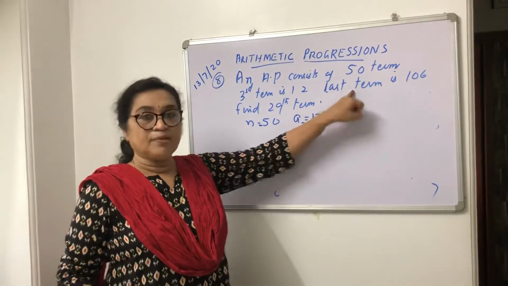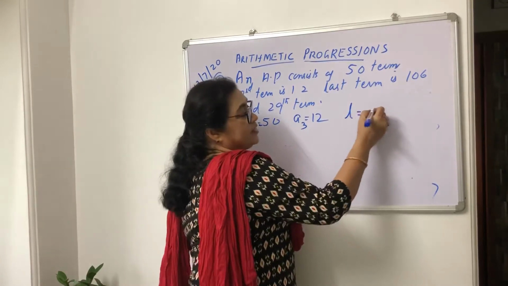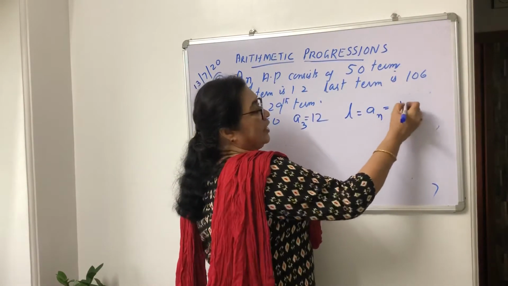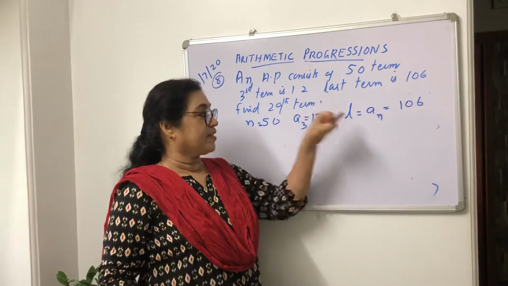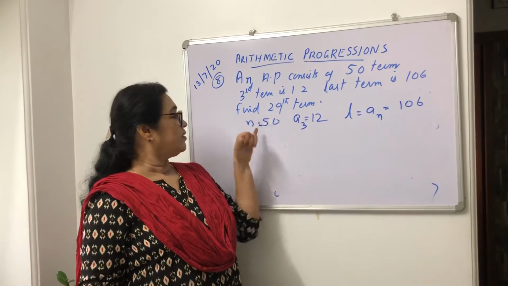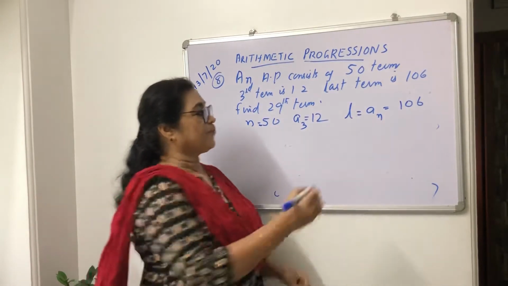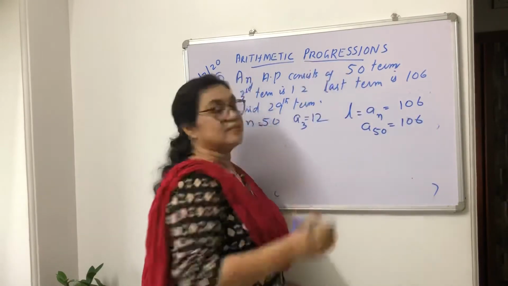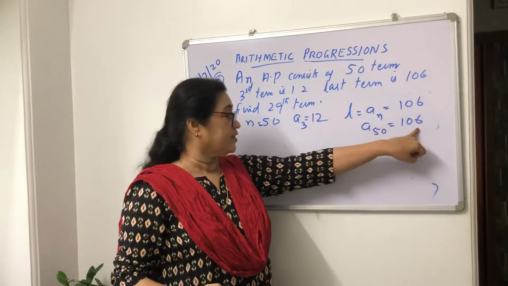The last term, as we have already learned, the last term L is denoted by AN, that is equal to 106. But you see here, N is 50, so this N will become 50. Therefore, A50 is equal to 106. So the 50th term is 106.